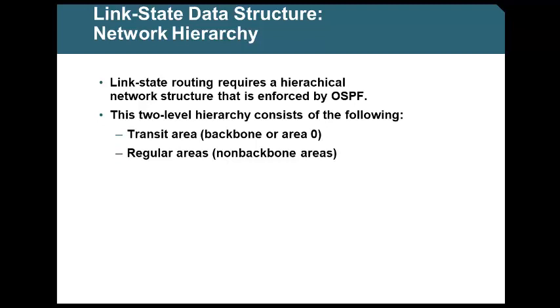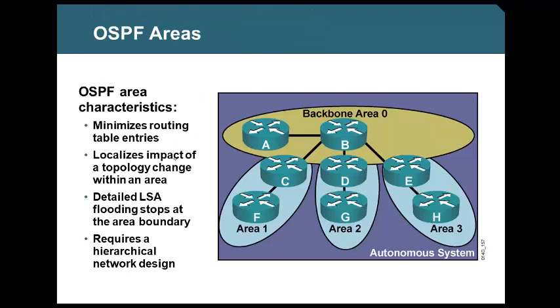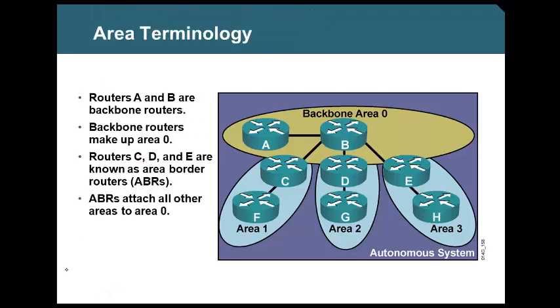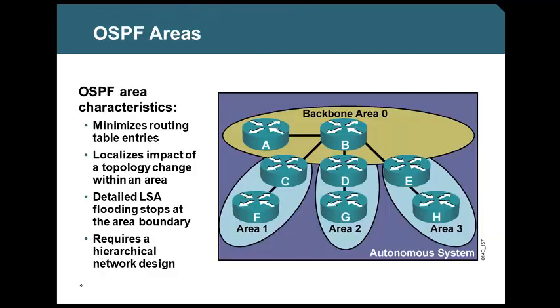You see? If I want to form a neighbor between these two, is that possible? Not at all possible. Why? This interface is area 1, this interface is area 2. If the area IDs don't match, they don't form neighbors.